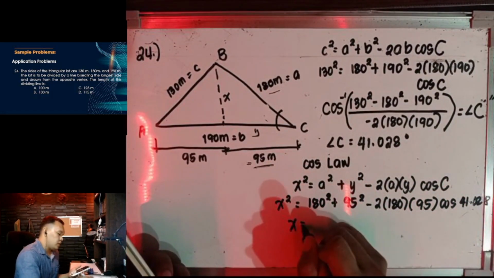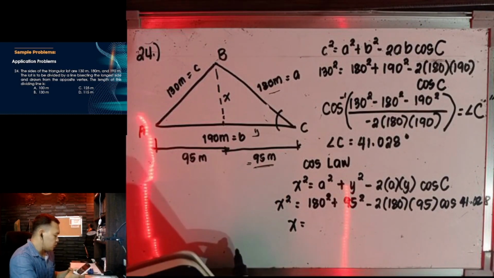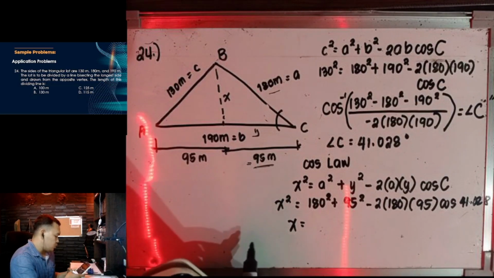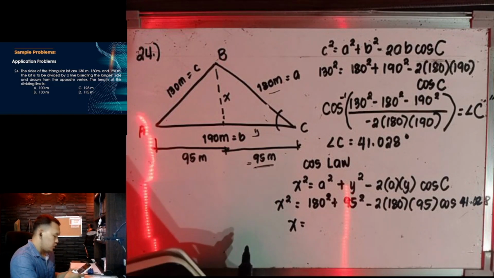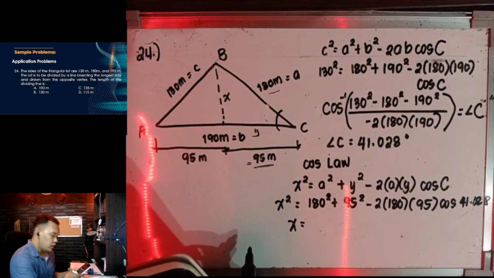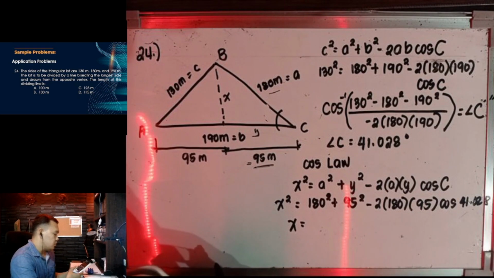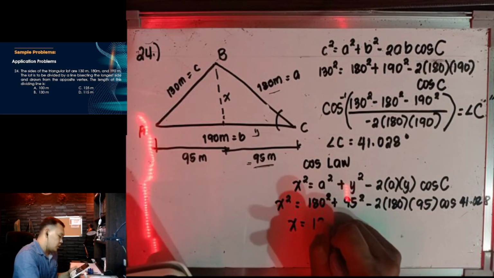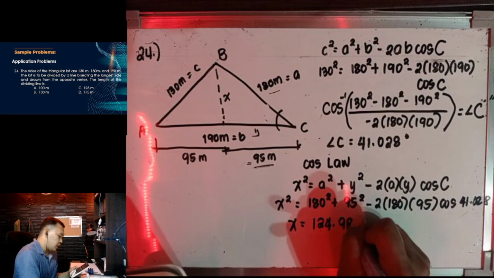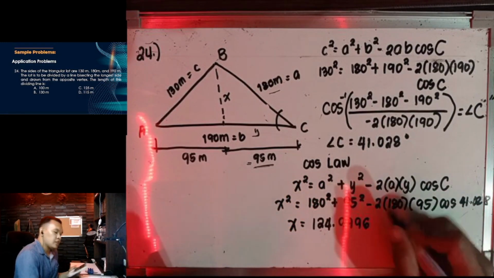So, x is equivalent kay square root ni 180 squared plus 95 squared minus 2 times 180 times 95 cosine 41.028. So, the value will be 124.9996 meters.